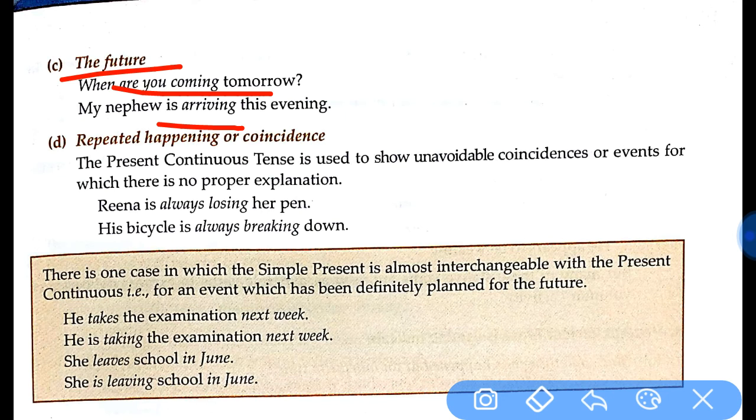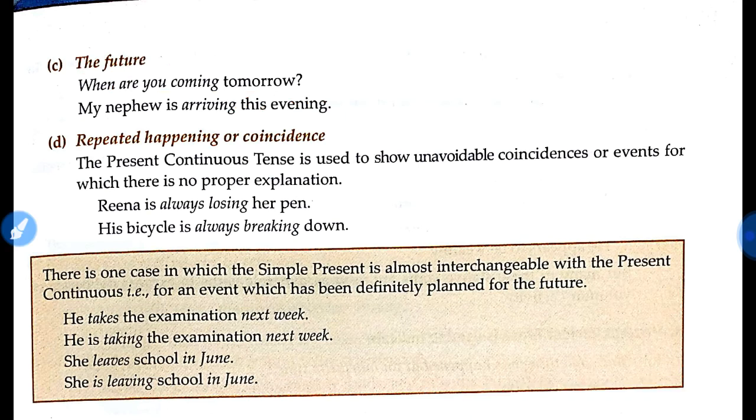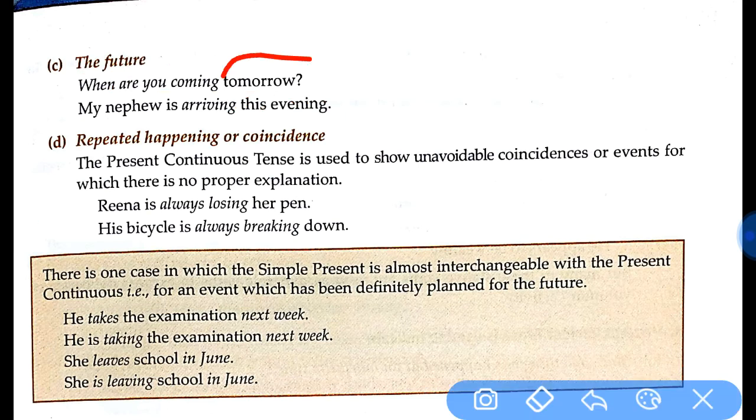Tomorrow and this evening are not happening just now, but look at something that is to be in the future, yet used with present continuous tense: are and is arriving.